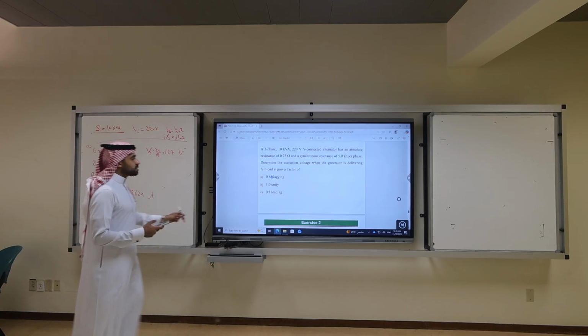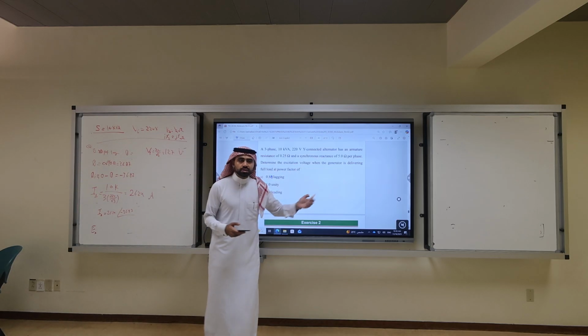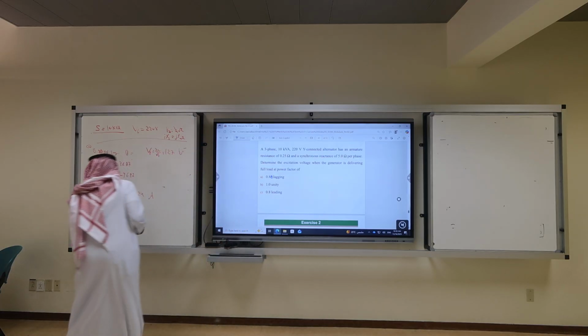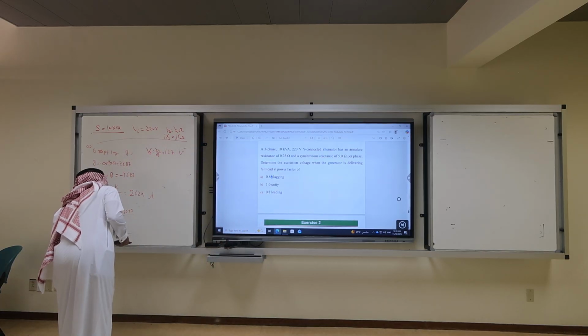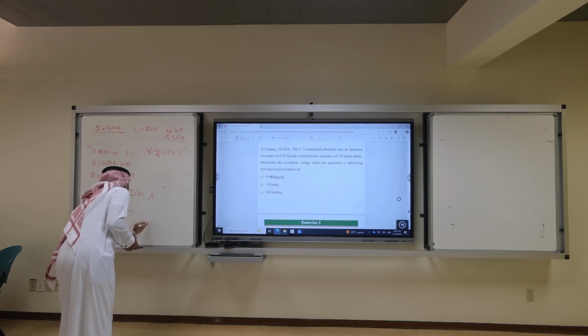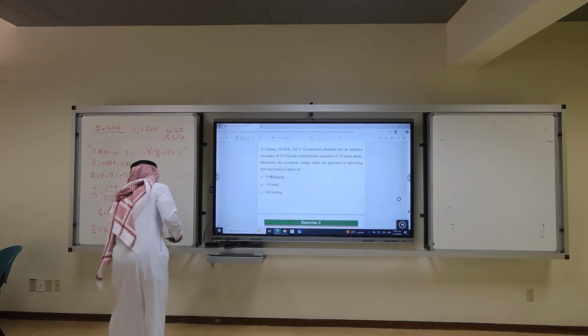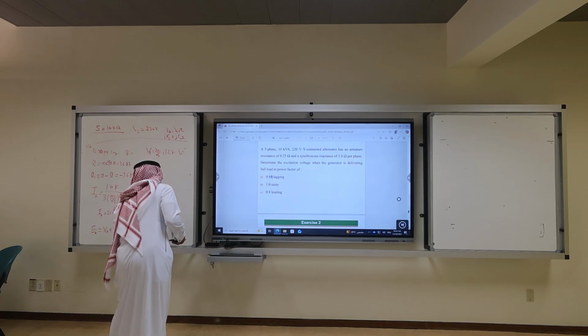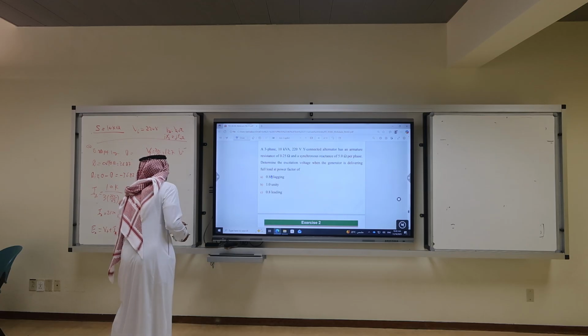The question asks you to find the excitation voltage, which is EA. It is VT plus IA times RA plus JXS, which is 120 angle 0 plus 26.24 times 1 over 4 plus J5.